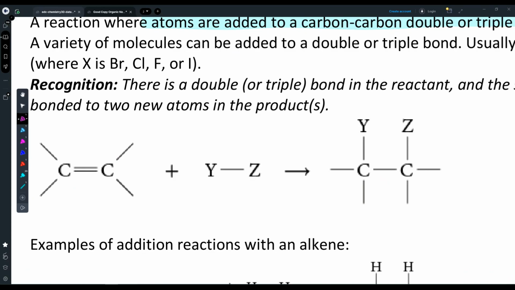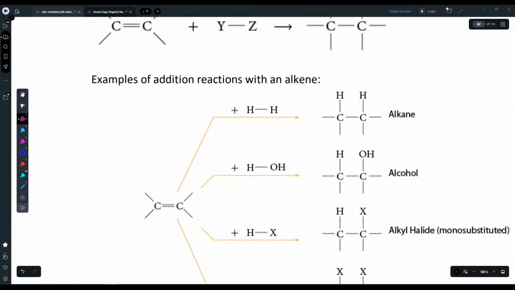Essentially you're adding atoms to either a double or a triple bond, and one of the atoms is going to be added to one side of the double or triple bond, and the other atom is going to be added to the other side, and then you're going to reduce your bond by 1. So in this case, we're going from double to single. You'll see this explored in our examples here.